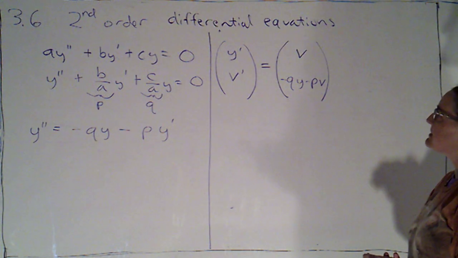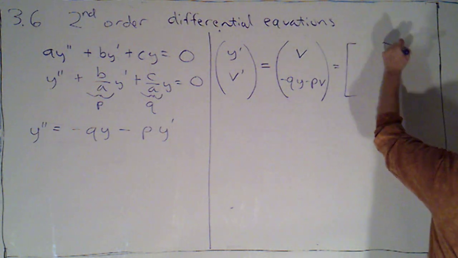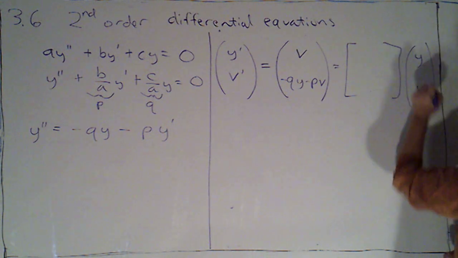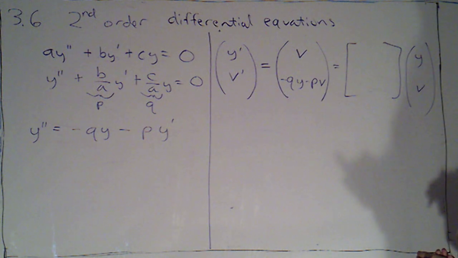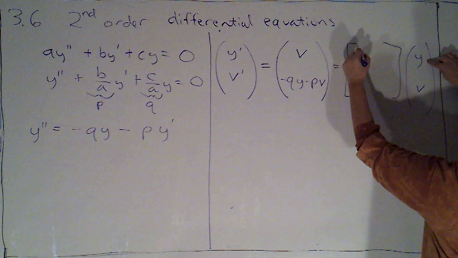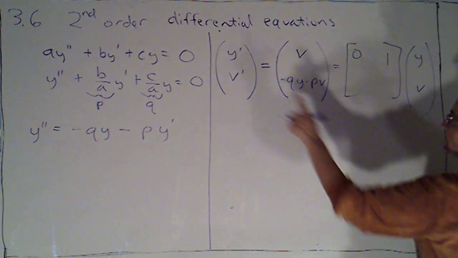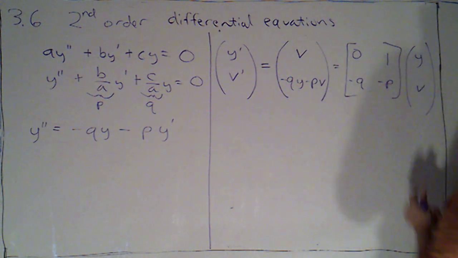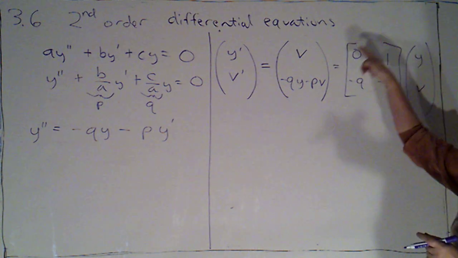So we get a system that looks like this, but notice that that's equivalent to a linear system where I'm simply calculating my derivative by multiplying by a 2 by 2 matrix. If y prime is just v, that's 0 copies of y and 1 copy of v. And if v prime is negative q copies of y minus p copies of v, I get a matrix that looks like this.